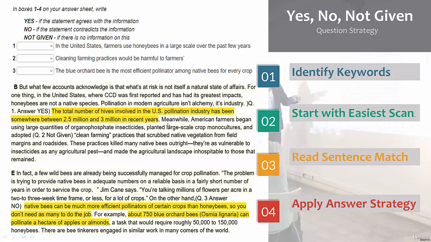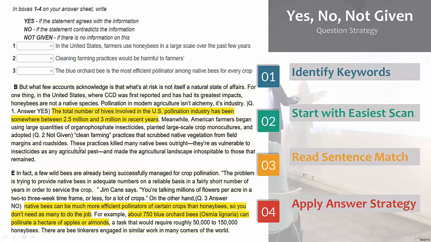Quantities of organophosphate insecticides, planted large-scale crop monocultures, and adopted clean farming practices that scrubbed native vegetation from field margins and roadsides. Now, in the question, it says that the clean farming practices would be harmful to farmers. When we look at this matching sentence information, do we see anywhere there it says that it's harmful to farmers?